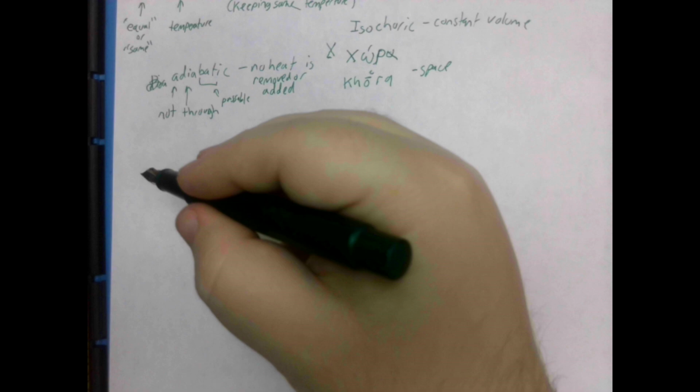So in our system, we have a closed system. This would be everything of importance. Everything we deem important. Everything we are analyzing.